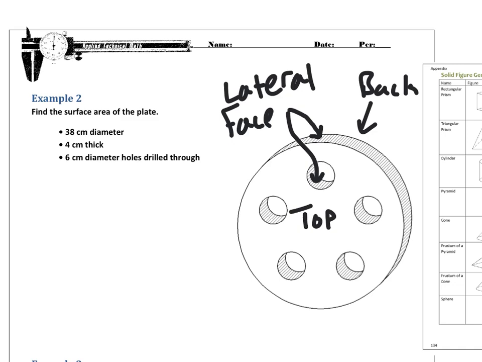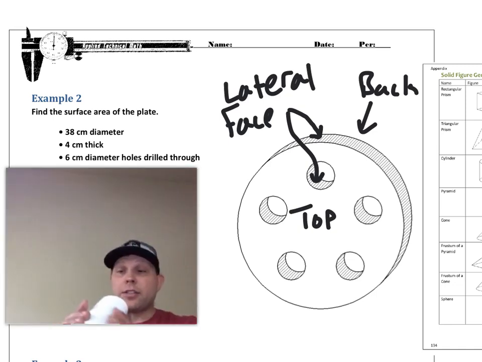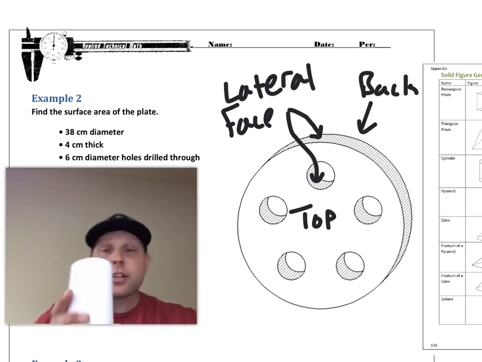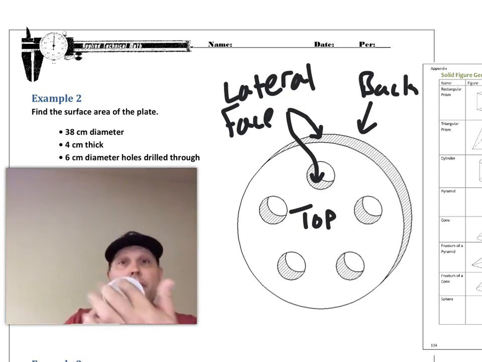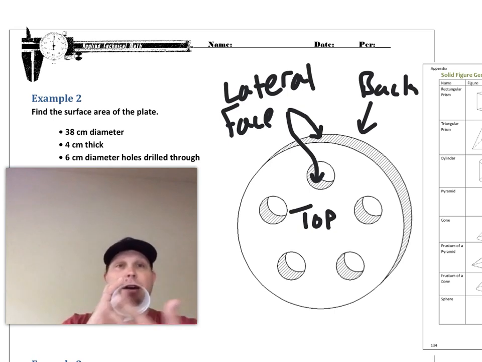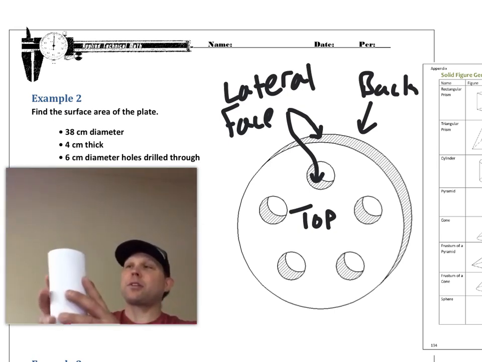This shape, by the way, is a cylinder, right? And the cylinder looks like this, right? So a cylinder has this as the lateral face. And this shape here is called the base, and there's a base. So we've got a cylinder shape that looks like this.